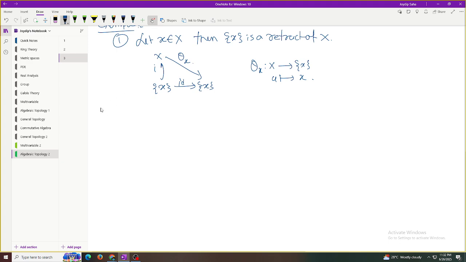Next, this is a trivial example. Let A be a discrete space with more than one point.